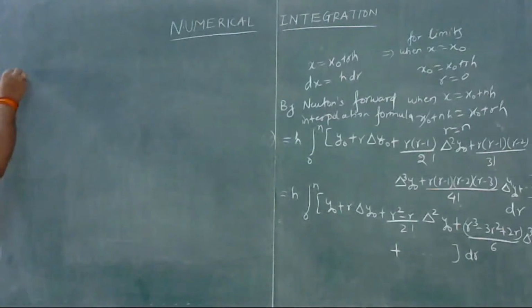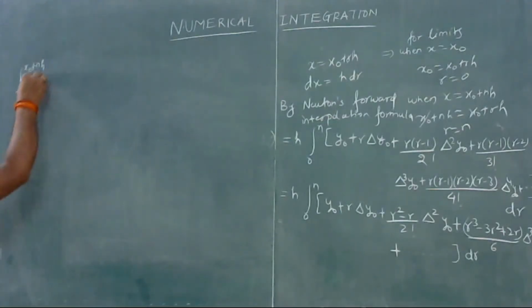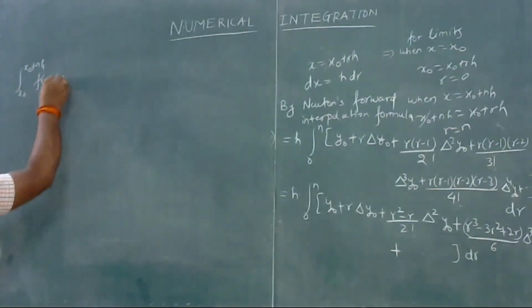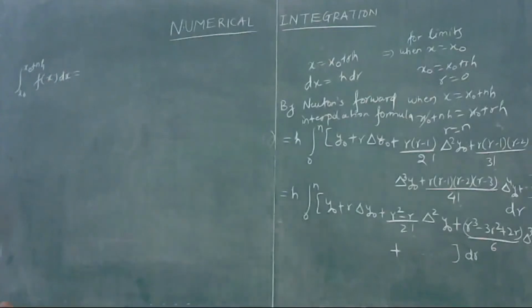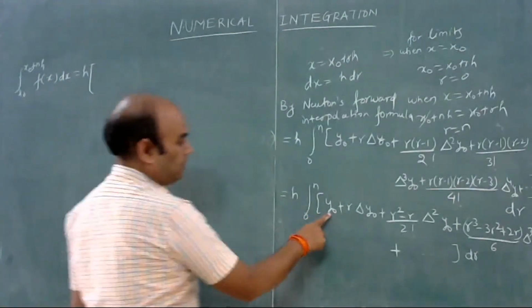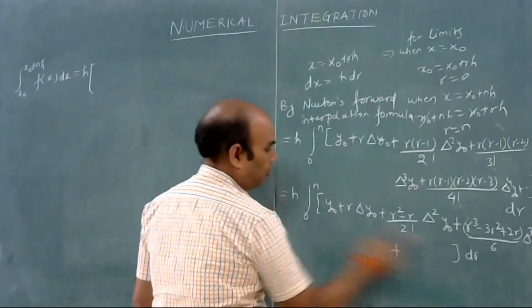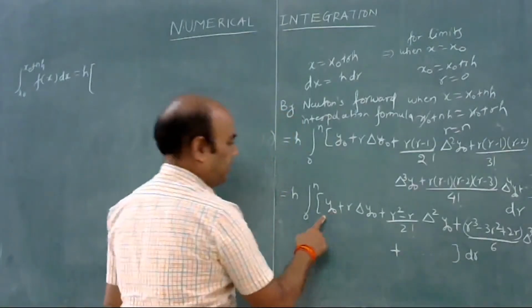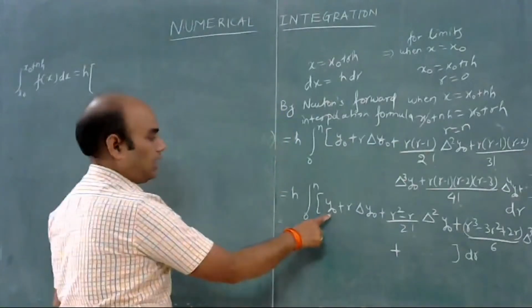so the integral from x naught to x naught plus n into h of f of x dx will be equal to h times the integration. This will be y naught into dr, so the integration of dr will be r.